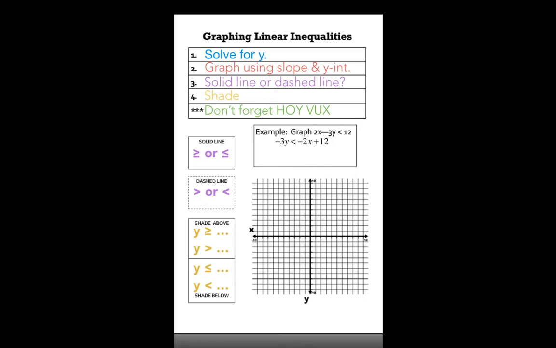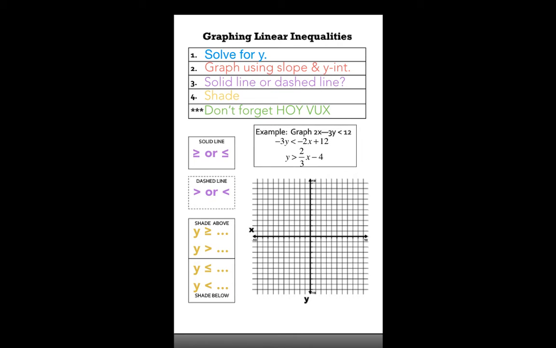When you divide by a negative, or when you multiply by a negative, your inequality is going to reverse directions. I'll say that again. When you divide or multiply by a negative, your inequality symbol is going to reverse directions.